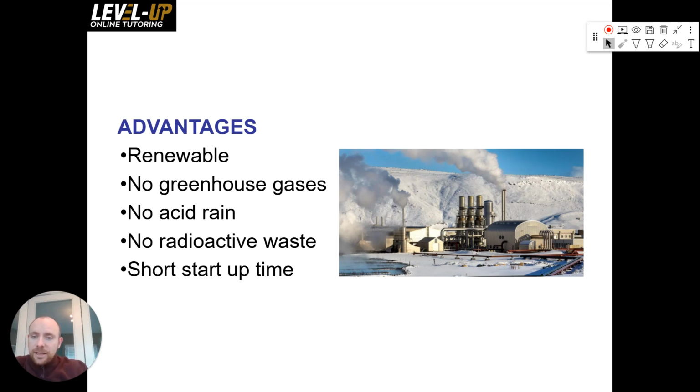Advantages, it's really a very handy form of energy in the right place. Okay, it's completely renewable, no greenhouse gases, all the usual stuff. But also you can use that hot water, you can use that hot steam, you can transport it around villages, and you can use it as central heating. So you're kind of getting twice the energy, you're getting a heating aspect as well.